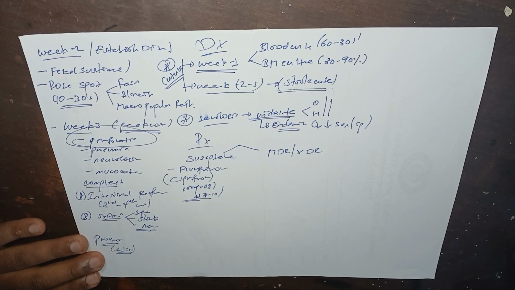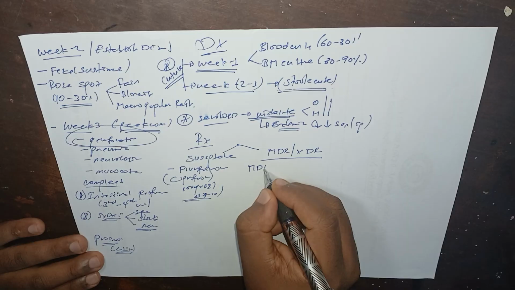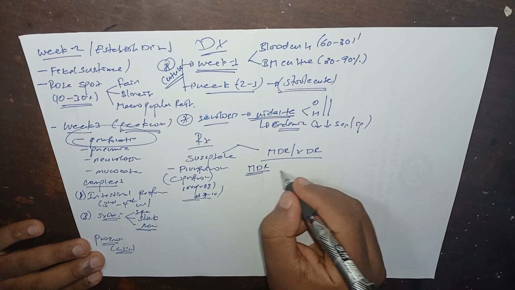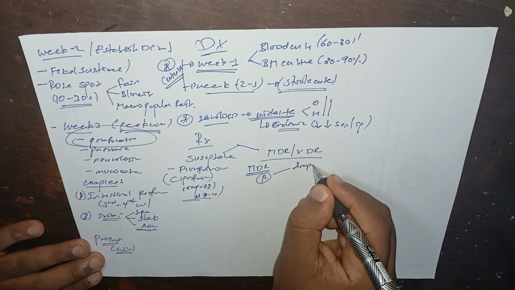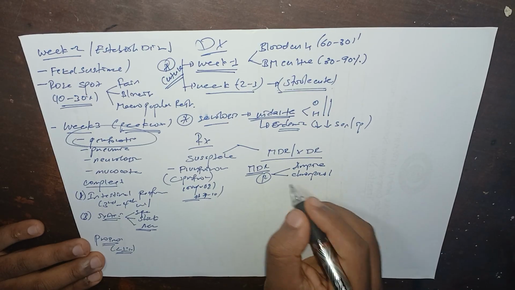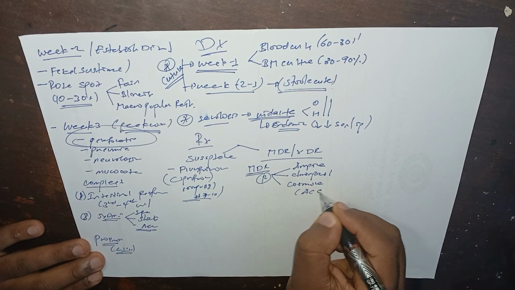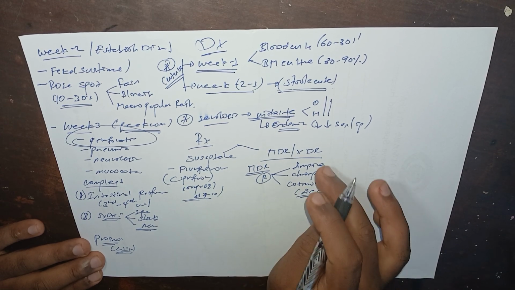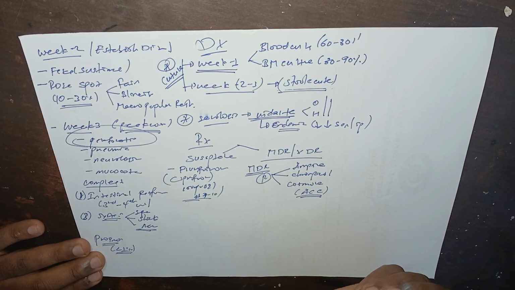But for multi-drug resistance or extensively drug resistance, first of all, when do you say the microorganism is multi-drug resistant? If the microorganism has resistance to ampicillin, chloramphenicol, or cotrimoxazole, you can abbreviate it as ACC. If it has resistance to these, it is MDR.